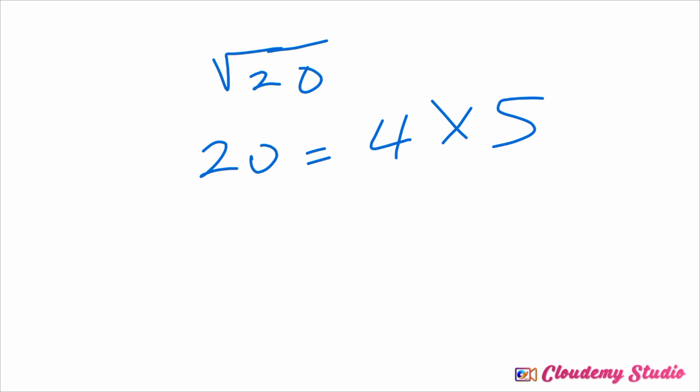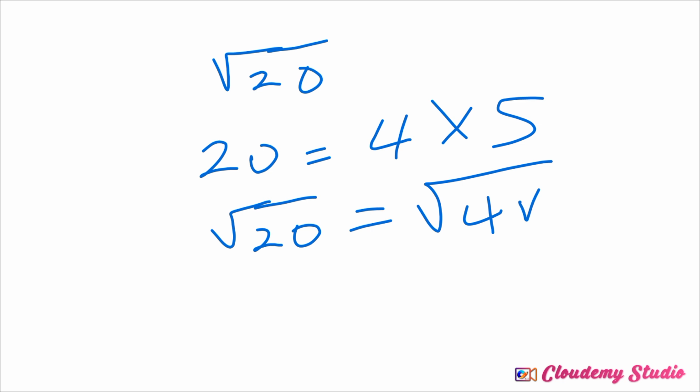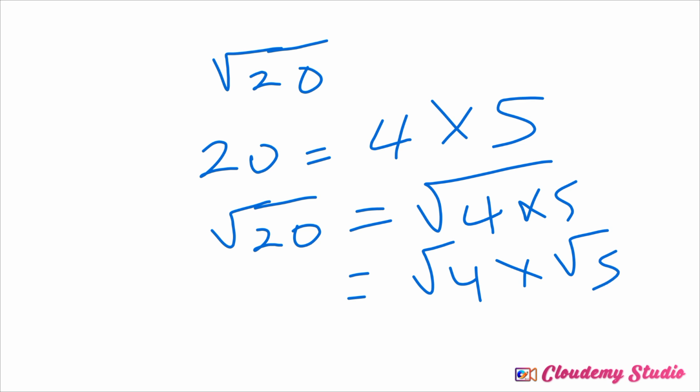So therefore we can write root of 20 as root of 4 times 5, which we can write separately as root 4 times root of 5, which will basically be 2 root of 5. See how easy it is?